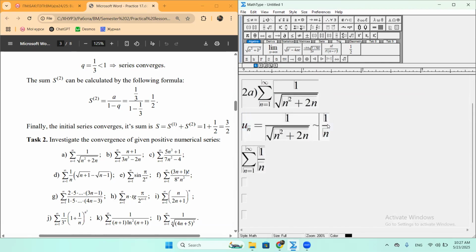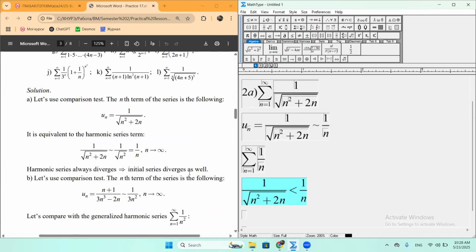So actually this value is less than, oh no, it's greater than, yeah, and is less than this value. Okay, well, they're equivalent, so it doesn't really make sense to compare in such a way.